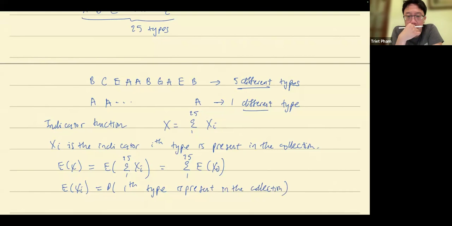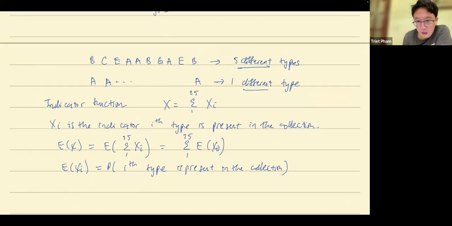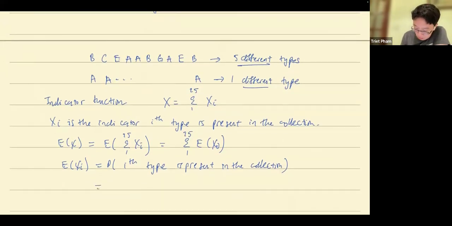What is it? Well, notice, this question is not easy to answer directly in this way because you're not asking if a card is of type A, for example. Because you ask if it's in the collection, all you need is at least 1 card of that type. So let's write that down to make it clear.